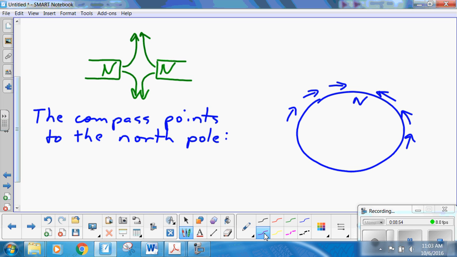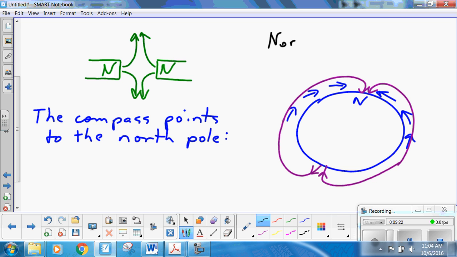What's going on here? So field lines. Now, look at this and realize they're coming from down here, the South Pole, and what have you got? The North Geographic Pole is the South Magnetic Pole.